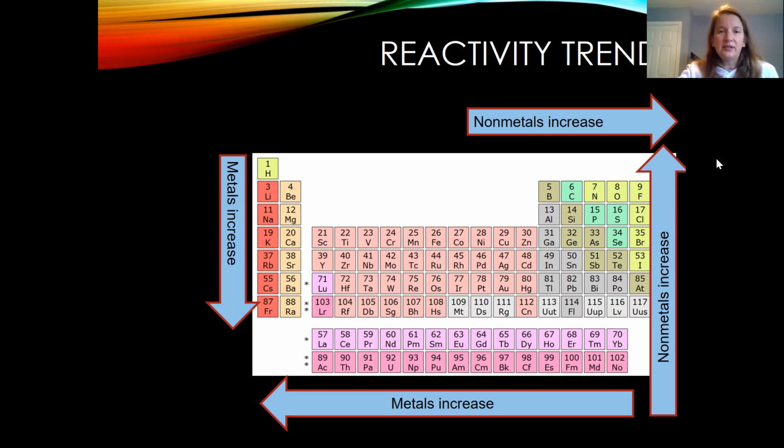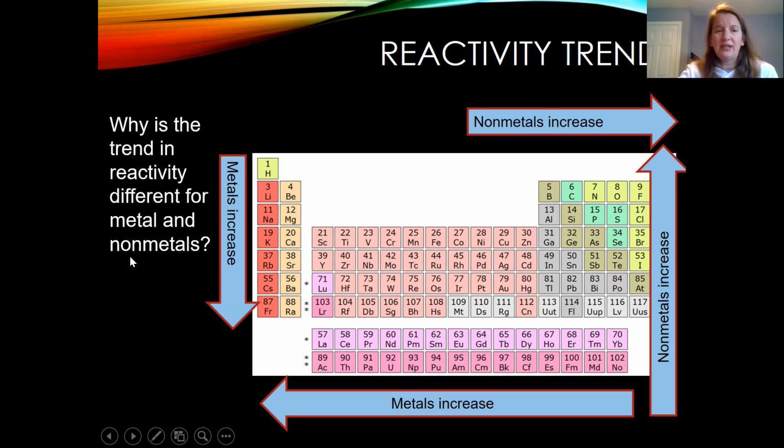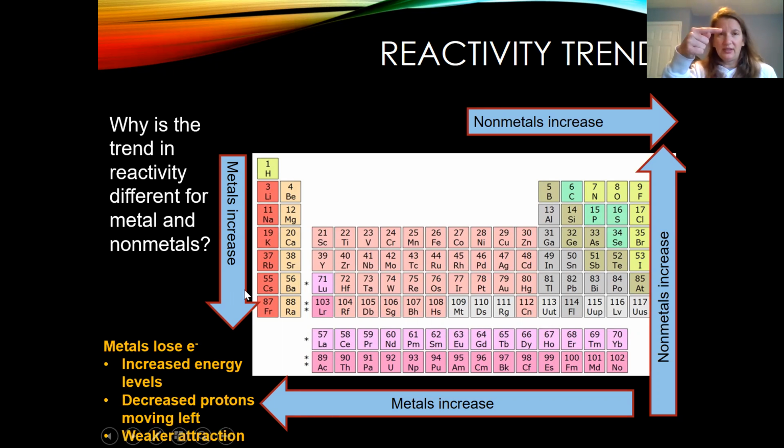So why is the trend for metal reactivity increasing down and to the left? Well, as we go to the left here, I hope this is looking left on your end, but the metals are going to lose their electrons. As we go down the periodic table, we're looking at more energy levels. And we said as the distance increases, the attraction decreases.